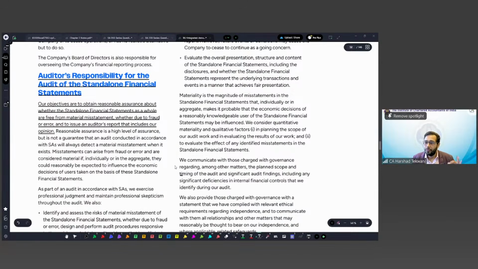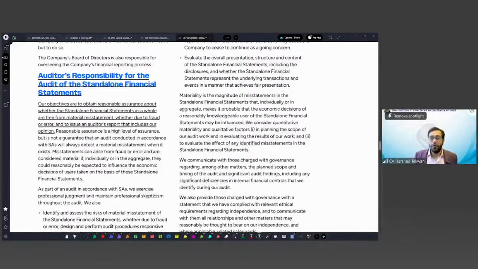This is the foremost and important point, which is coming from, which you have already discussed? Yes, sir. SA 700. This paragraph section is pulled from SA 700. No, there is one more. SA 320, materiality. SA 240. Geet, you are correct.